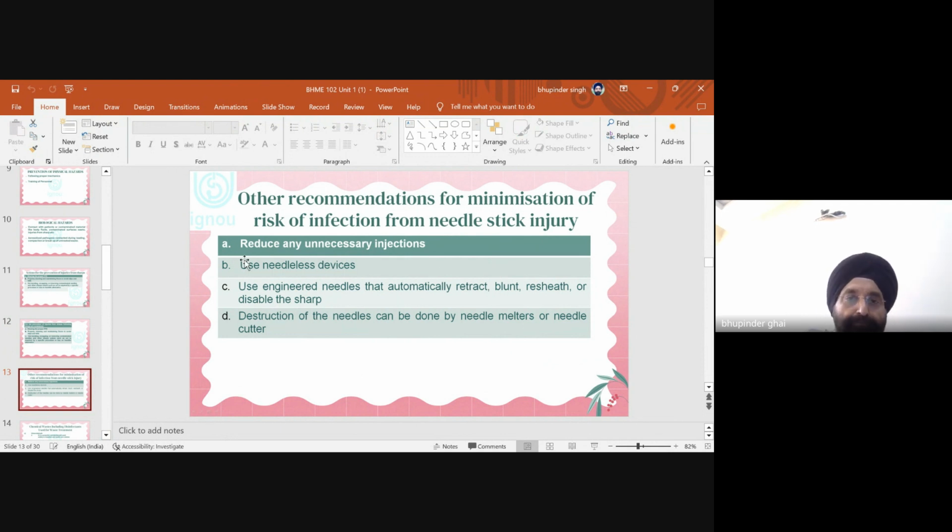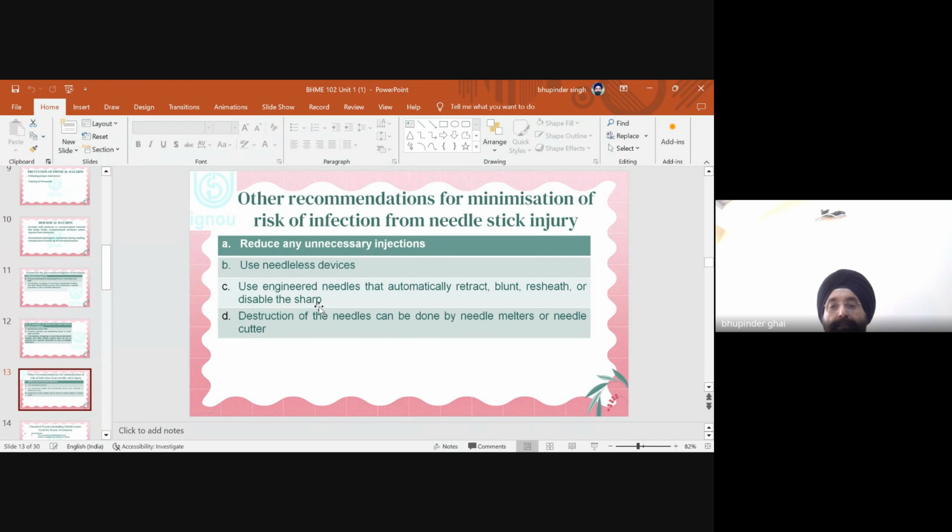That means if not actually required or not urgently required, don't give injection. Reduce the injection as much as possible. Then use needleless devices. Nowadays, in place of needle, there are jet injections where no needle is used. So we can go for the jet injections.